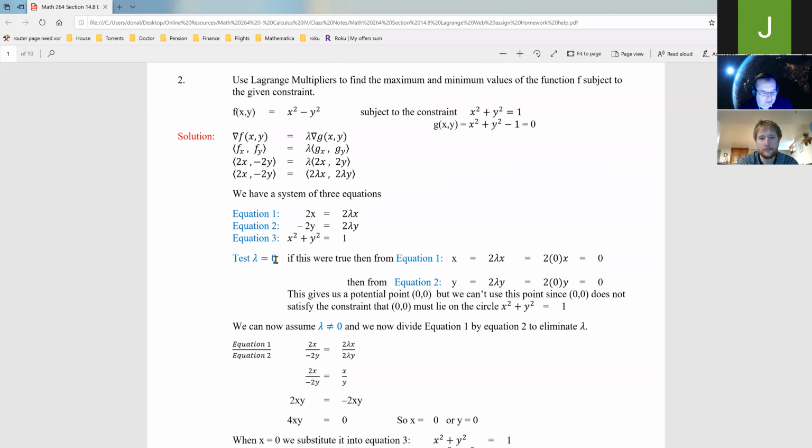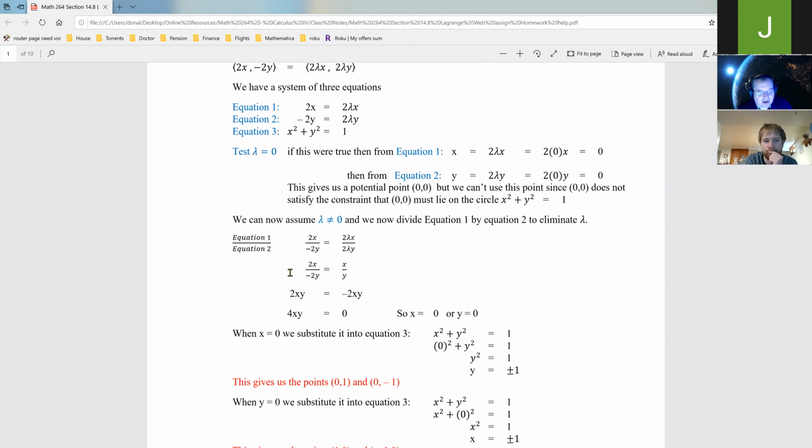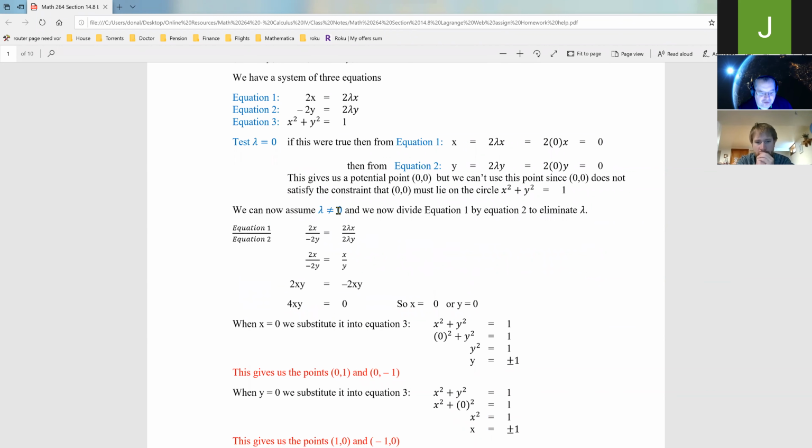And you might say, well, why don't I not bother with that? Why don't I just jump straight into this line here? Well, here's the reason. If lambda was 0, would I be able to divide these 2 equations? Well, no. So I test lambda 0 on its own, and then I make the assumption that lambda is not 0, and now I can do the other piece of algebra.